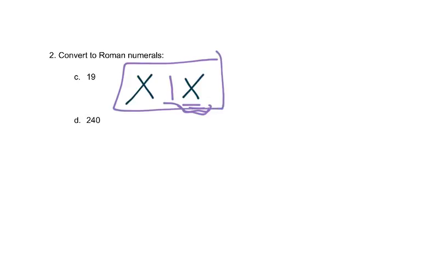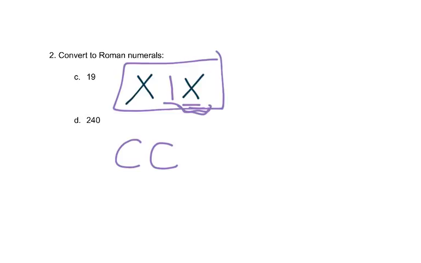So we look at the 240. And the closest we can get to 240 is 100. And 100 is a C. So we have C as 100. Now we need 140 more, so we'll do another 100. So now that's 200. And now we need 40. The closest we can get to 40 is 50.